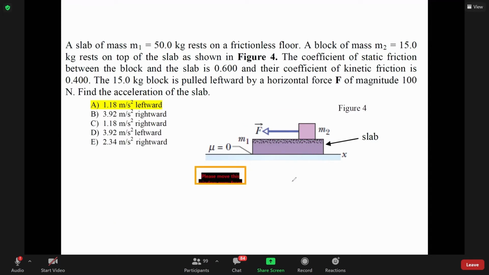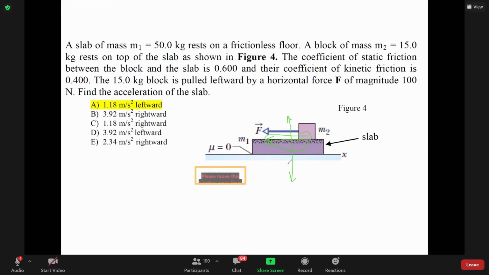Of course, I have the weight of the slab, and a normal force, and also one horizontal force, which is the force of friction between the block and the slab. This one is the only one that will contribute to the movement of the slab, because the perpendicular ones will not contribute to the movement of the slab.